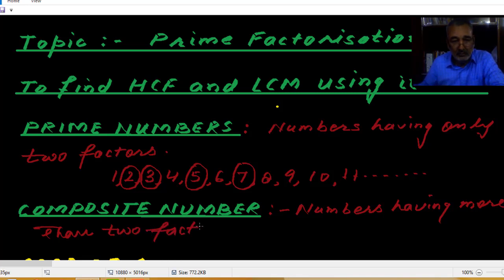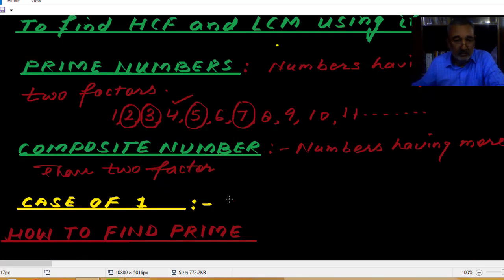Remember, our first composite number is 4. Why is 4 a composite number? As factors of 4 are, it is divisible by 1, it is divisible by 2, it is divisible by 4. So it has more than two factors. That's why it is a composite number.